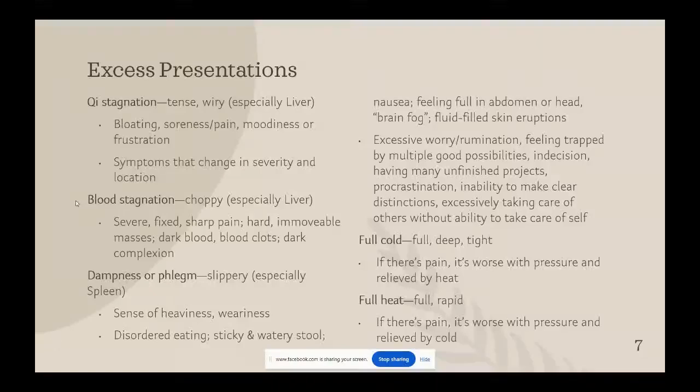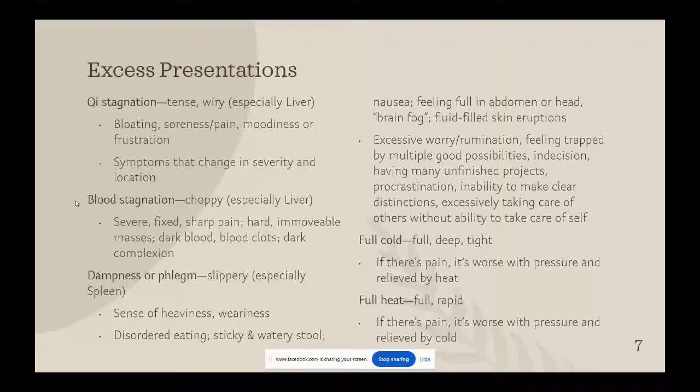So this is where the spleen is working too hard, and it's not receiving enough in response. So there can be this accumulation of dampness, which could result in overgrowth of bacteria, like an overgrowth of candida.